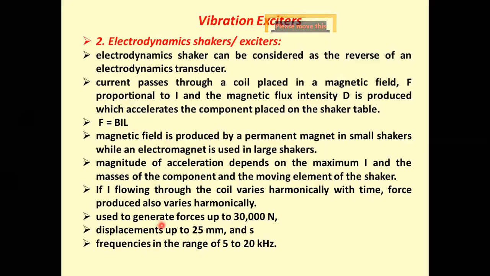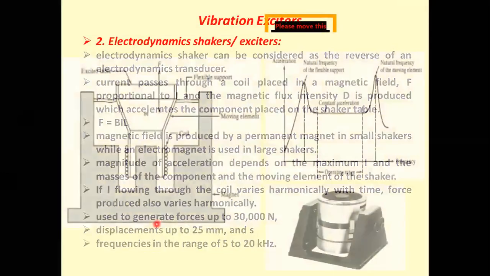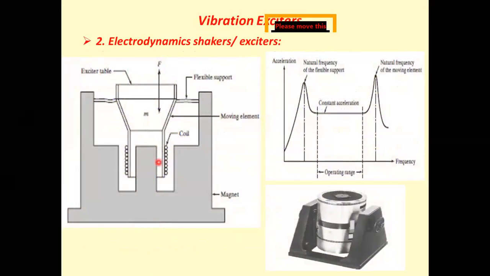So the electrodynamic exciter can be used in conjunction with inertia and spring to vibrate a structure, since the coil and moving element have linear motion.